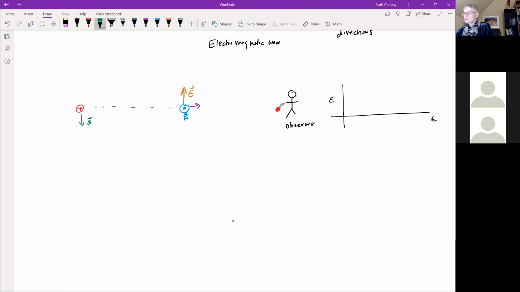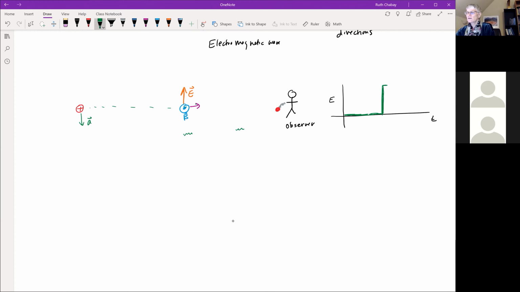And so the pulse is here and the observer doesn't see anything, so they're detecting a zero electric field. And now the pulse gets to here and they're still not seeing anything. And finally the pulse gets to the observer, and the observer actually sees a non-zero electric field for a time that's the width of the pulse.